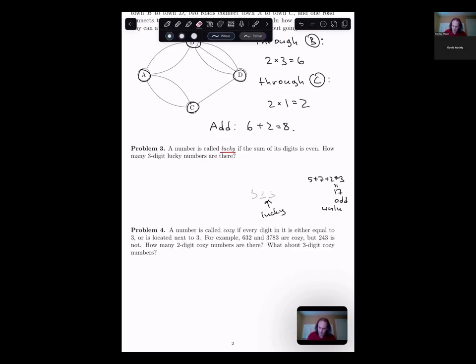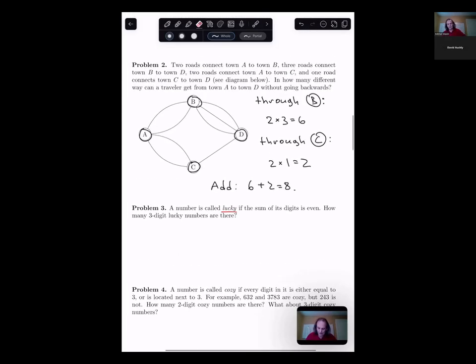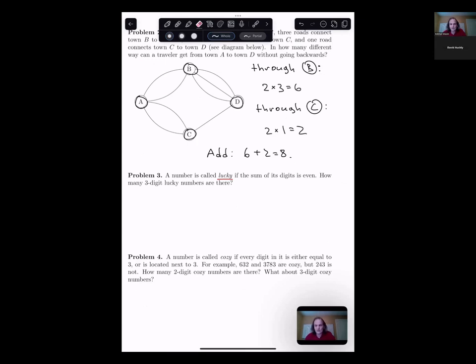Remember that we are using the addition principle. There are probably different types of lucky numbers, and I would suggest counting them separately. So what do you think? What are the different types of lucky numbers that we should count separately here?